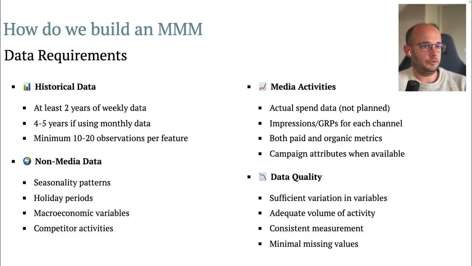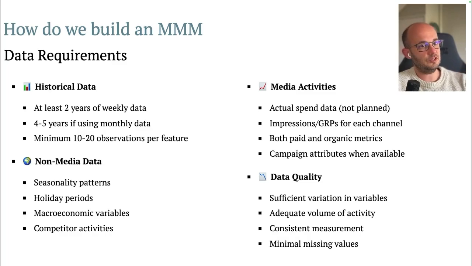Also very important is you need an exposure variable. You need impressions for digital channels or GRPs for TV, but you need a variable that will tell you how many potential people got exposed to your marketing activity.